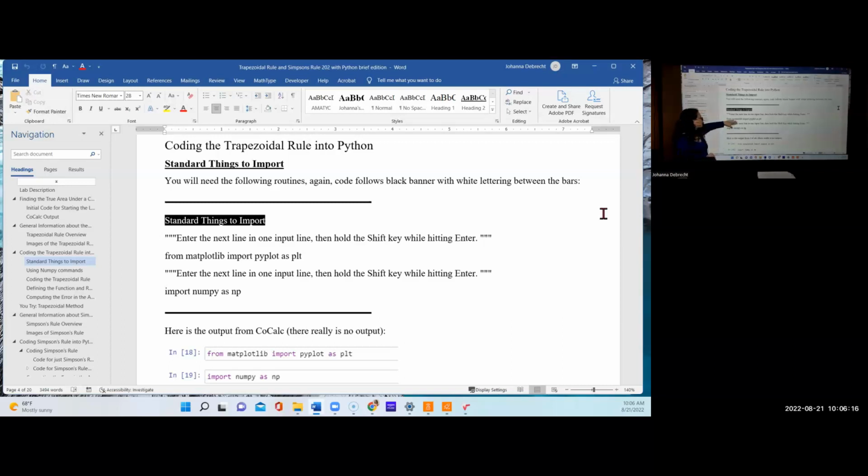We also want to import from matplotlib, import pyplot as PLT. Now, what does this mean? Matplotlib is the mathematical plotting library. So it's a whole list of different commands for plotting. And we want to import pyplot, the Python plotting program, which itself has many different commands.